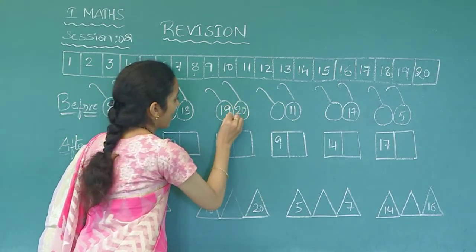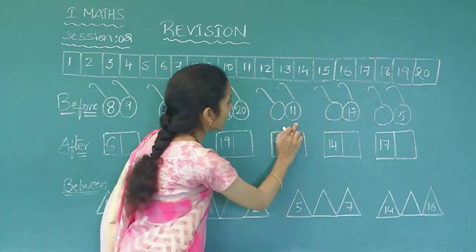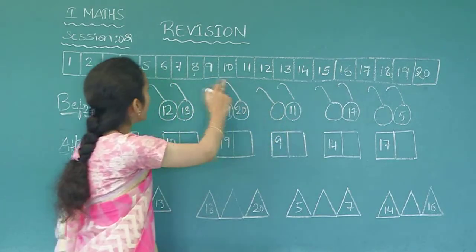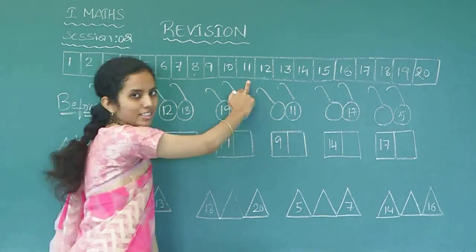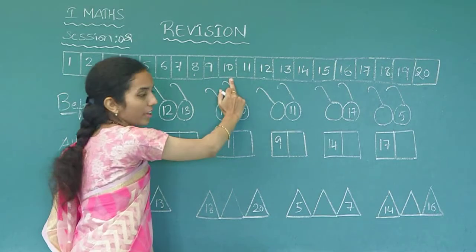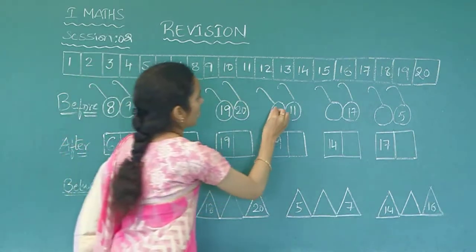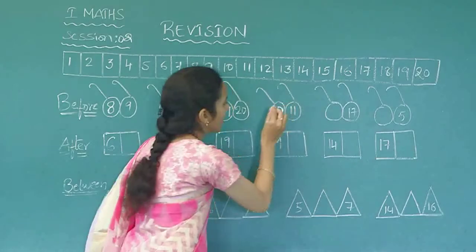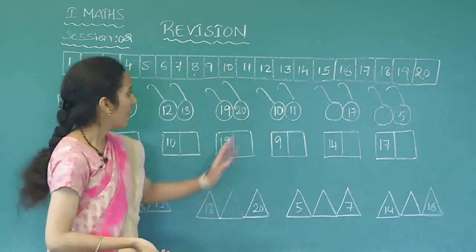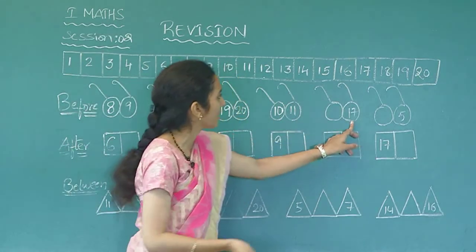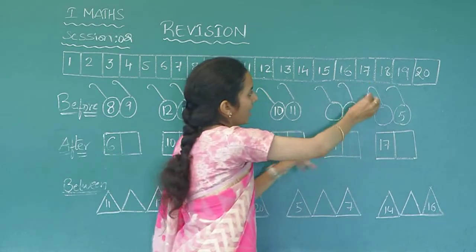Let us write 19. And the next one is 11. Where is 11? Yes, here it is. And the before number of 11 is 10. So, let us write 10. And next is 17. 17 is here itself, very near.